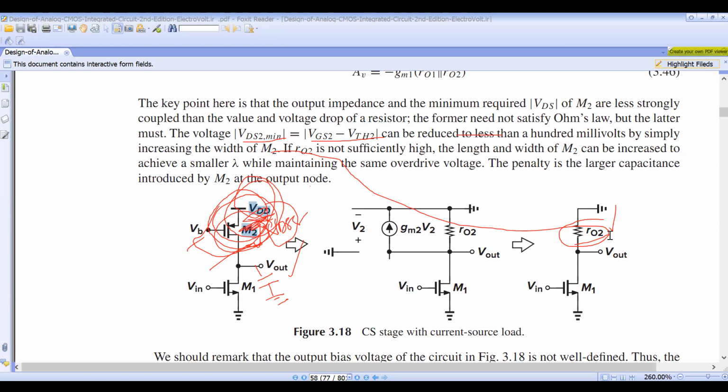The consequence of increasing the device width is that capacitance will increase. Understand? First, CS with load resistance, CS with diode, and this is CS with a current source. So now you can ask any doubts. Any doubts?